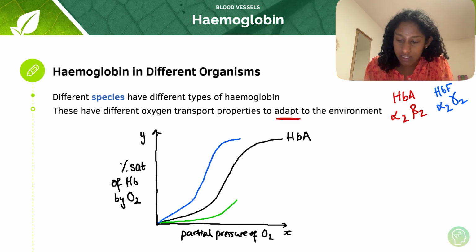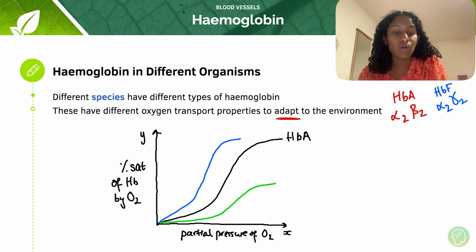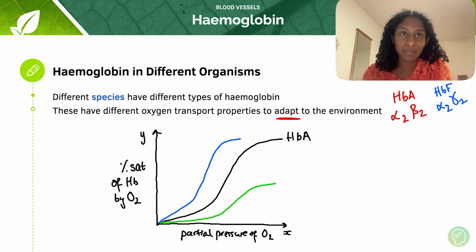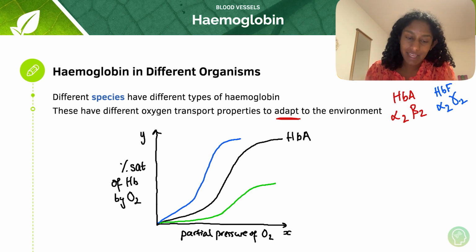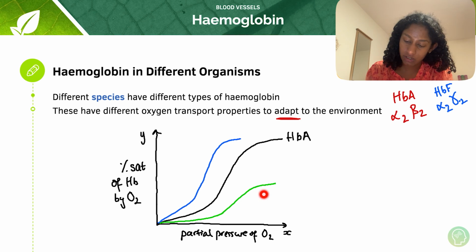So if I drew this curve, this is a dissociation curve representative of a metabolically active animal living in an oxygen-rich environment. And we can tell this because at higher partial pressures of oxygen, we're still getting our unloading of oxygen to our respiring tissues.